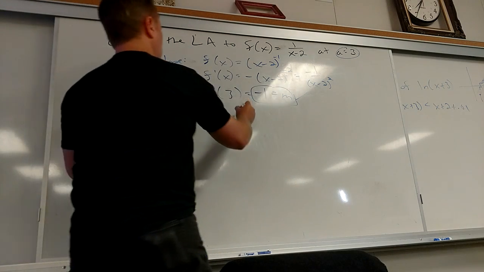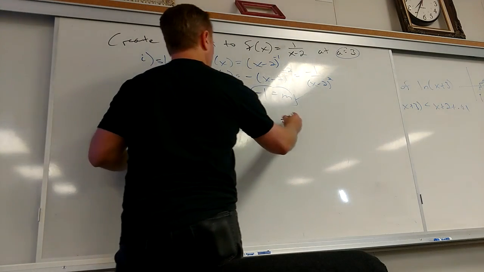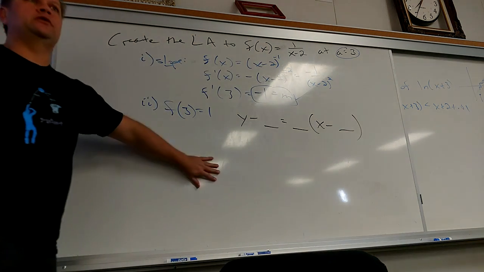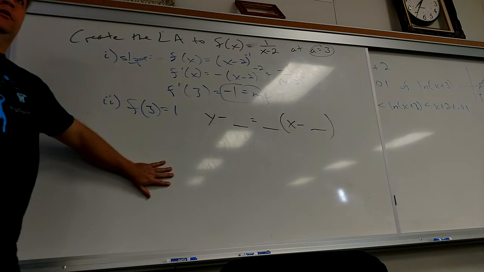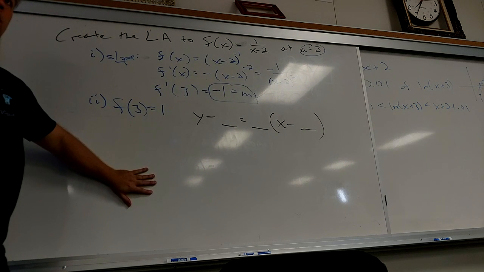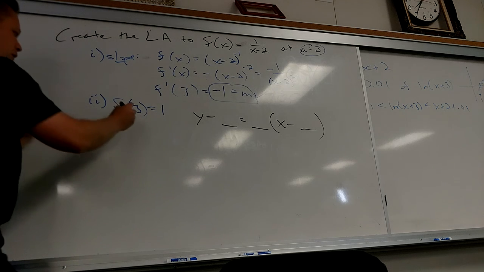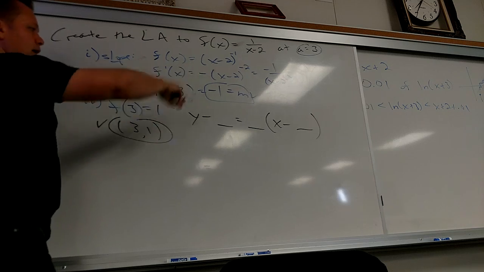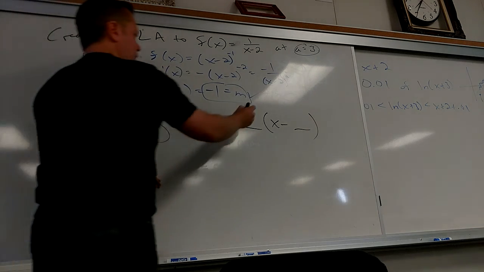So what do I get? I get y minus what equals what times x minus what. I just got to throw stuff in the right place. So the point is 3, 1. Slope is negative 1. So somebody can yell out, put a negative 1 right there.